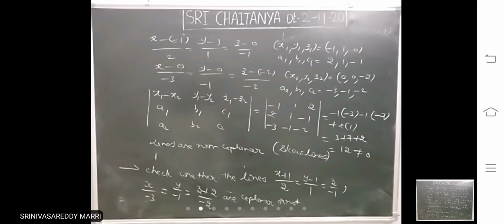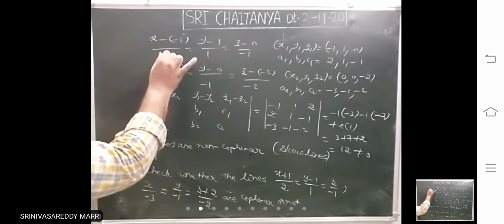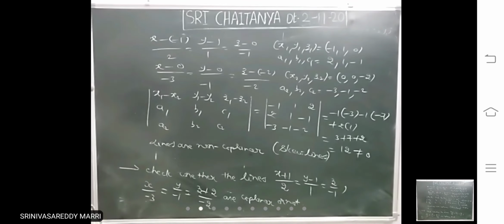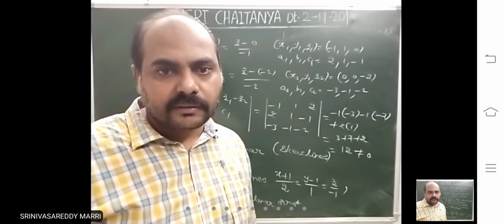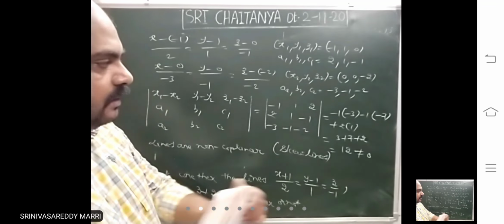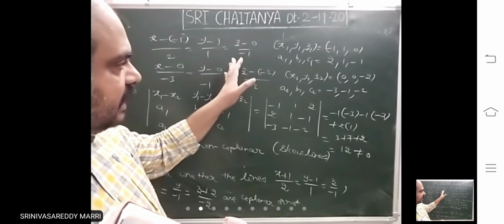Clearly, you can say whether they are parallel or not by looking at it. Look at 2 by minus 3, 1 by minus 1, minus 1 by minus 2. I have understood your doubt.